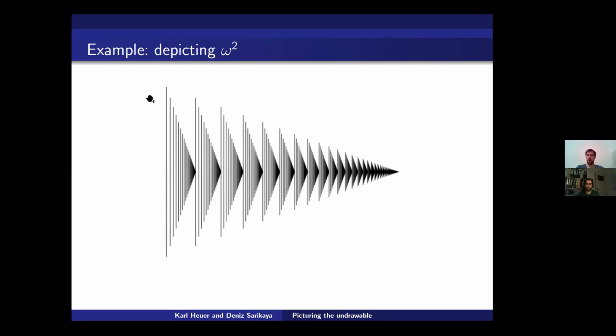We do it in a way that the length of those bars is decreasing in size, in total converging to 0, and the distances between two successive bars is halving along this way. So what we obtain in this process is this first initial segment, which just corresponds to the ordinal omega.